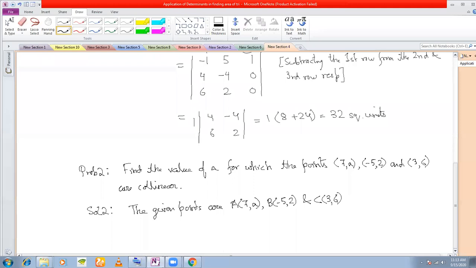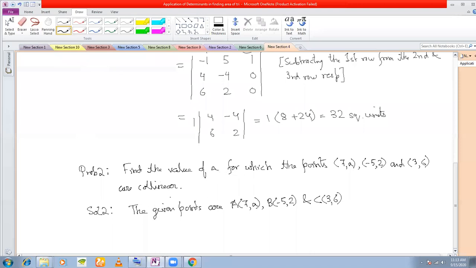Yes, yes. The given points are A, B, and C. Okay, so let us assume these 3 points. Now what you do here is you need to show that these 3 points are collinear. So since A, B, and C are collinear, therefore area of triangle ABC must be equal to 0, right?